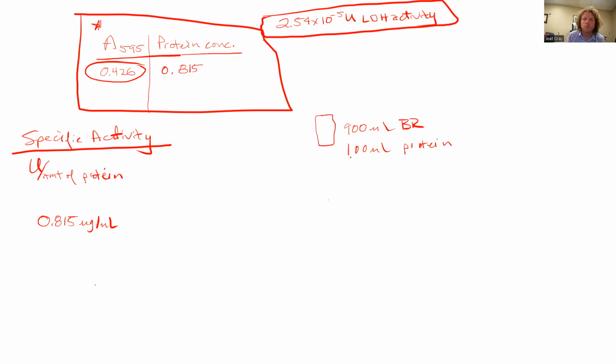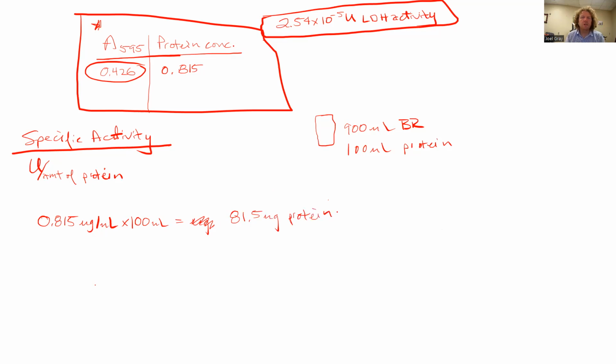So what we're going to do is take this 0.815 micrograms per microliter and multiply it by 100 microliters. And that will give us our micrograms of protein. So 0.815 times 100 would be 81.5 micrograms of protein.